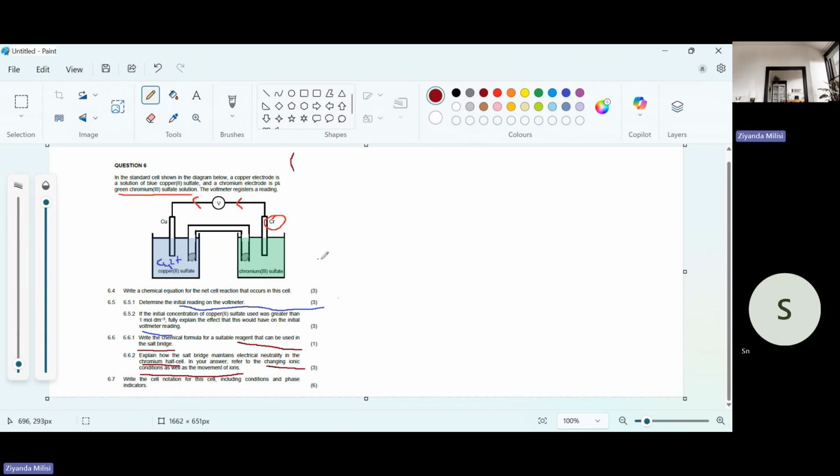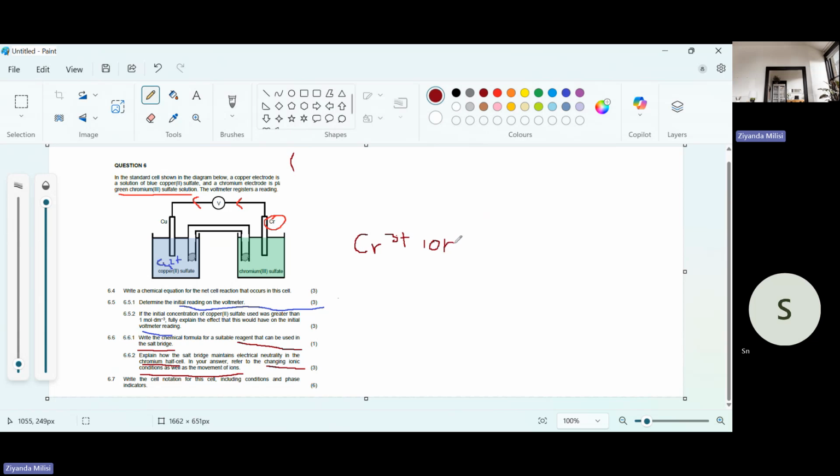Since the negative ions, the SO4 2 minus, are leaving, there is now an increase in concentration of Cr3 plus ions.